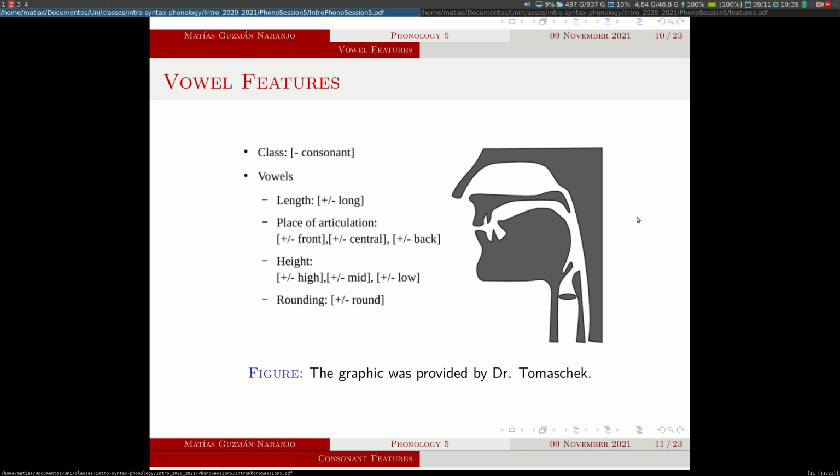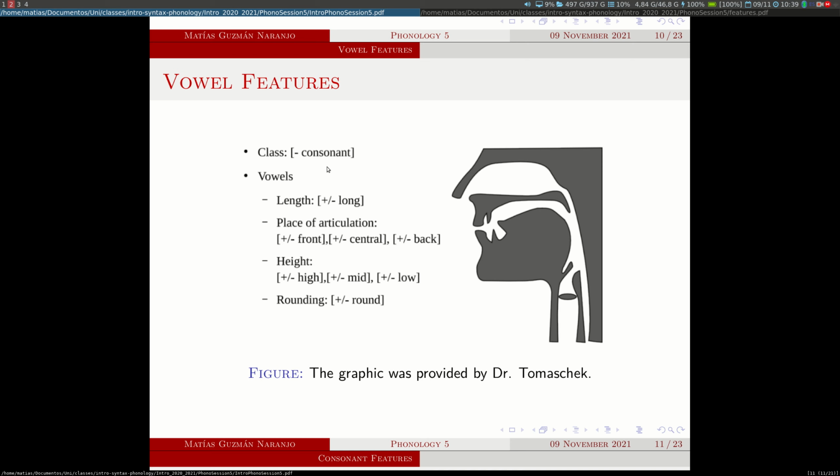So I'm going to give you a very quick rundown on what the features are for vowels and consonants, but it's important to take a look at an actual table. I think that's easier than just discussing them in the abstract. But basically, vowels are described as not being consonants. Sometimes instead of consonant you have syllabic, so vowels would be plus syllabic instead of minus consonant.